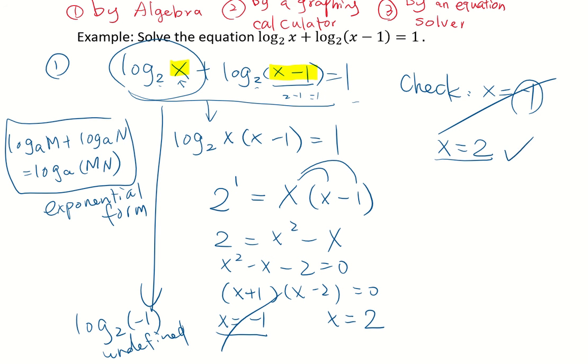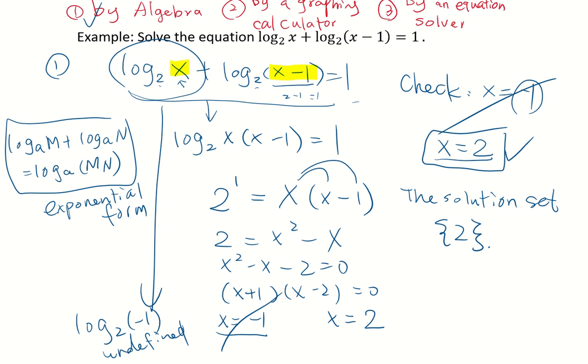Since 2 makes each argument positive, that is a solution. So here we only have one solution. You can say the solution set is {2}, a set with only one element in it. That's how to solve this by using algebra.